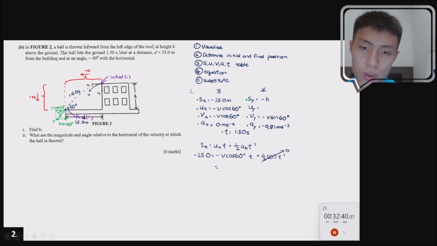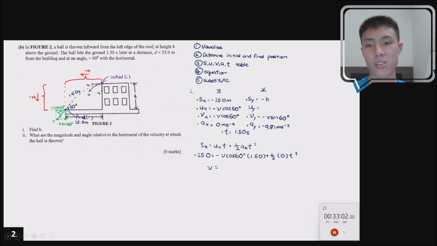We have the time, we need to substitute the time in. This will be 1.50 plus half ax, which is 0, times squared. Okay, so now I'll bring everything over to calculate v. So this one will be 0, of course.